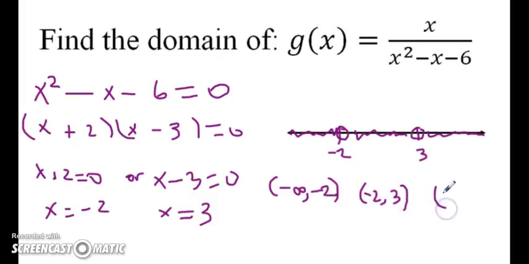And the third interval is from 3 to positive infinity, and it always takes the parentheses. And we say that the domain would be equal to the union of these 3 sets. This is 3 distinct sets, and then we put the union symbol in there.